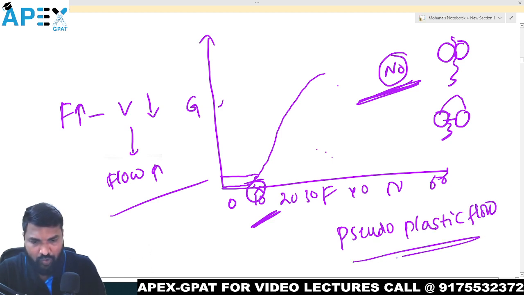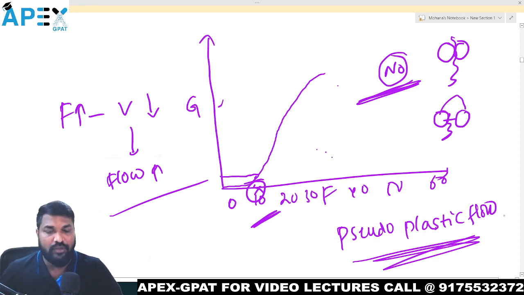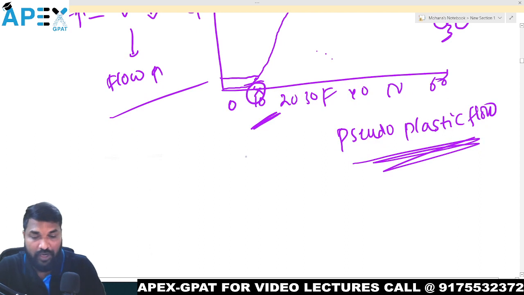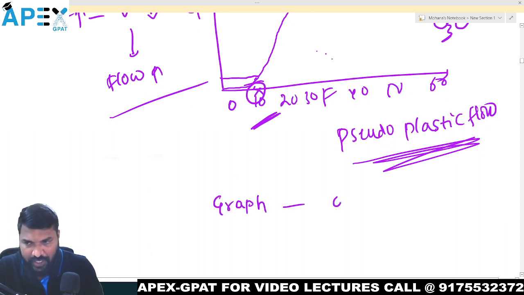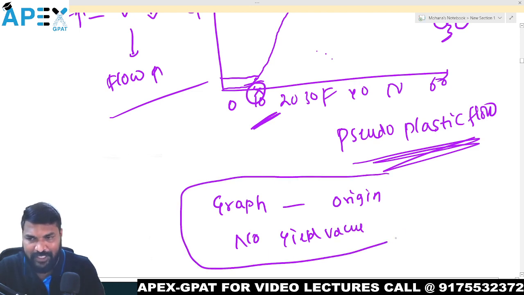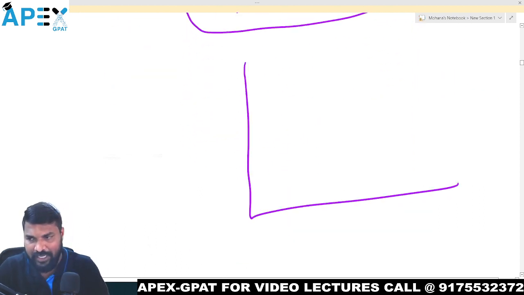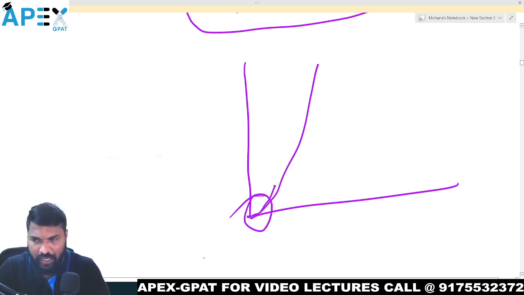In pseudoplastic flow, the graph is passing through the origin. Remember, the graph is passing through the origin, but there is no yield value. The graph is like this.